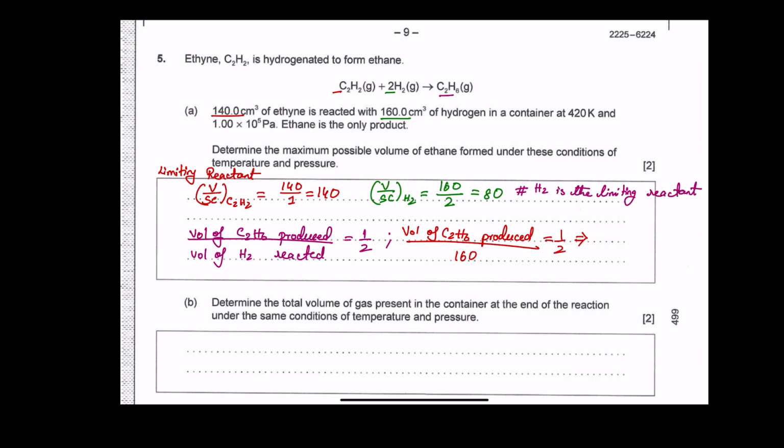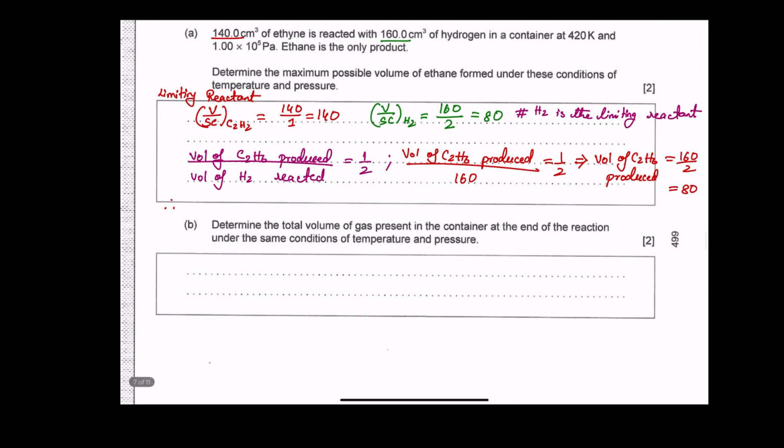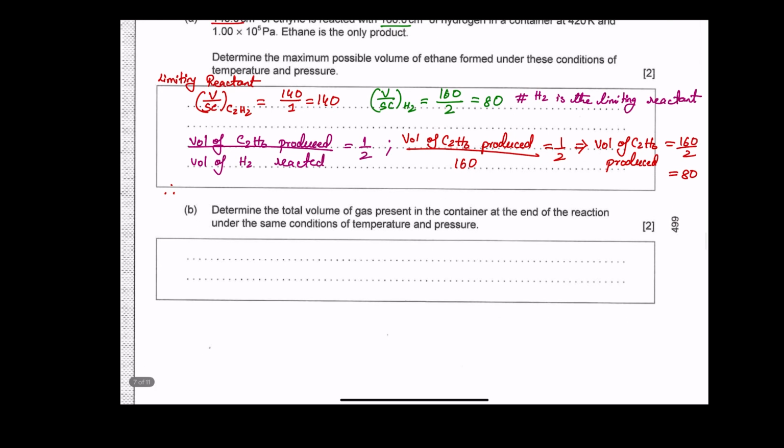From here, we can find the volume of C2H6 produced, which is 160 over 2, giving you 80. So 80 centimeter cube of ethane will be formed. That is the maximum possible volume of ethane that will be formed.